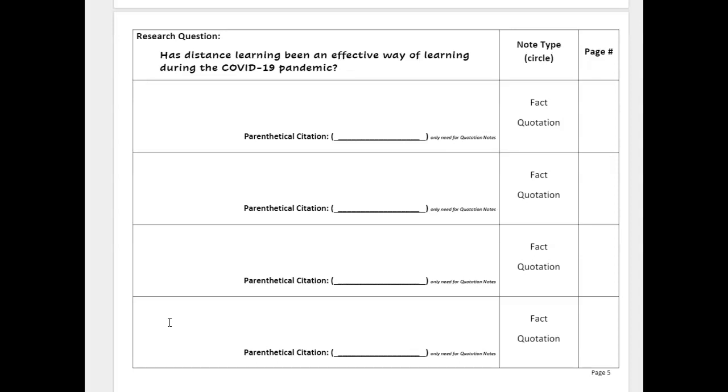Sometimes you don't get any good information from a source because it just doesn't connect to your research question. So be prepared to look in different sources and find different amounts of information as you follow the research process.